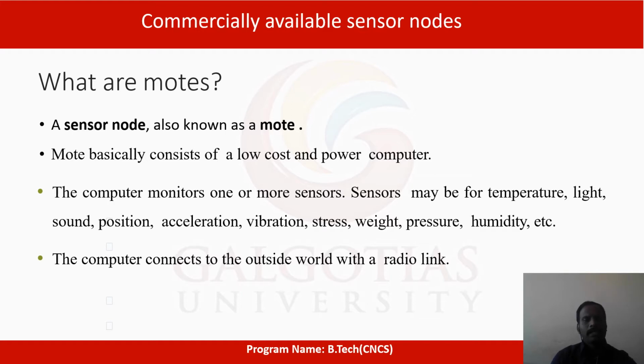It basically consists of low cost, low power computers that monitor one or more sensors. A sensor may measure temperature, light, sound, position, acceleration, vibration, stress, weight, pressure, etc. So a mote is a node, but a node is not always a mote. The computer can connect to the outside world with a radio link.